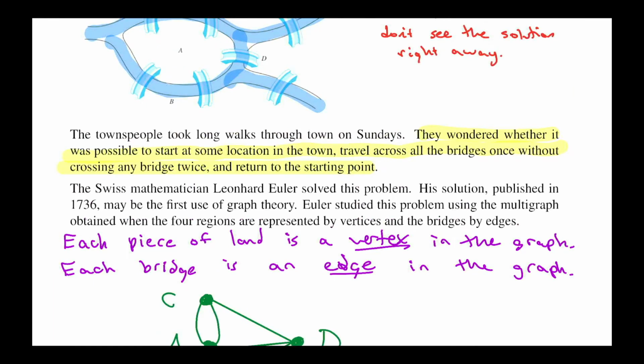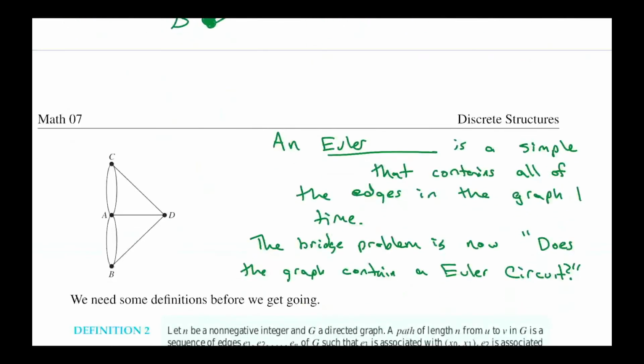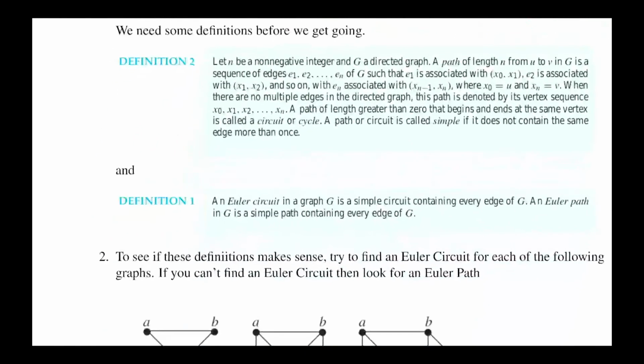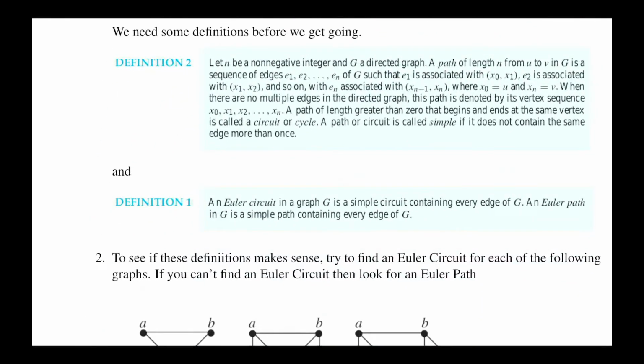Oh, yeah, it did. Never mind. Return to the starting point. So it was a circuit. For a second there, I thought it was a path. The only difference between a circuit and a path, remember, is that with a circuit you have to end up where you start, and for a path you could end up on a different vertex.